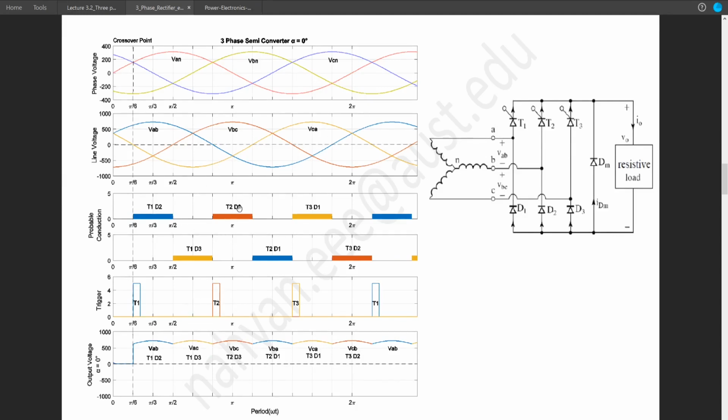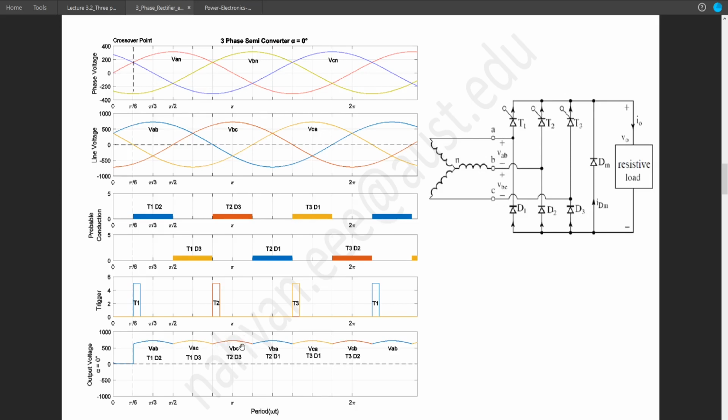In this portion we are triggering T2, and D3 will be turned on automatically because the value of C is still the lowest. T2 is connected to phase B and D3 is connected to phase C. So we will get VBC.